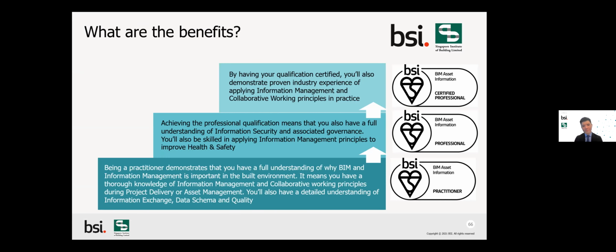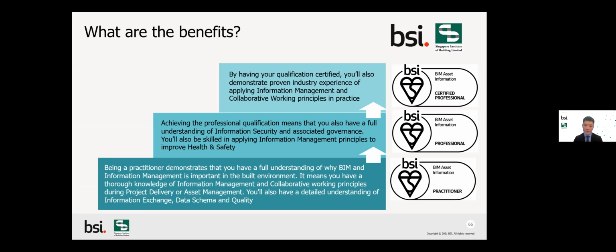Right. So the different levels really have a different kind of implication or meaning. At a practitioner level, you have shown that you have a very broad, very good understanding of why BIM is required, why it is important, and how to implement it, because it provides you with an introductory level of the standard.